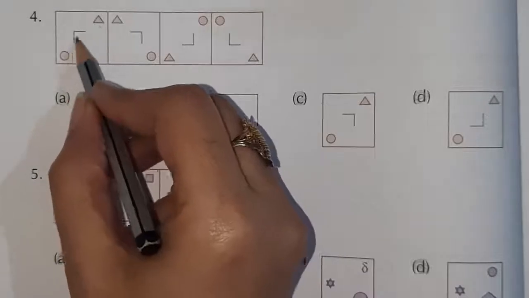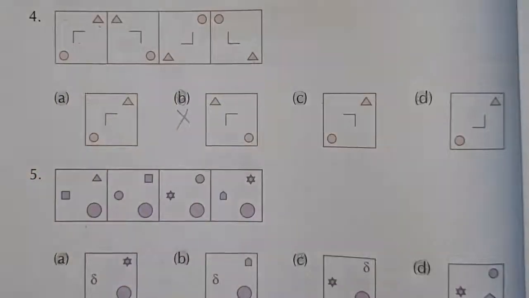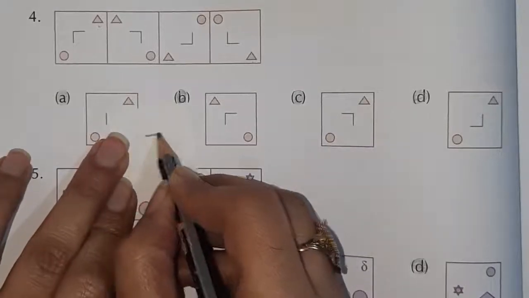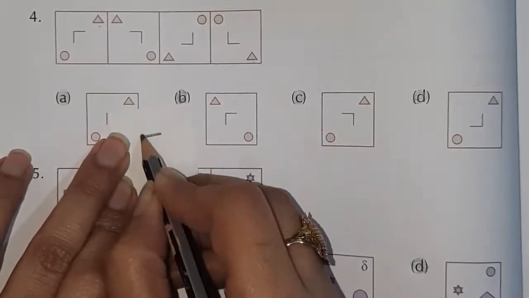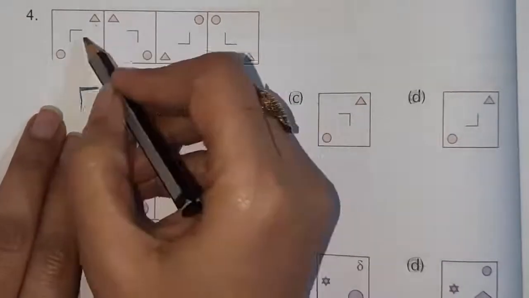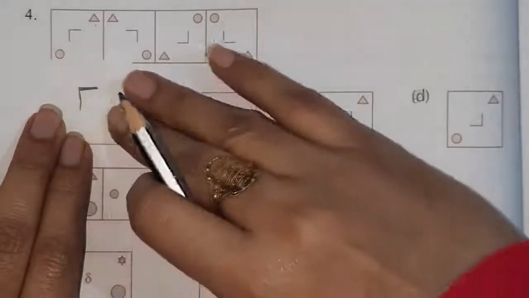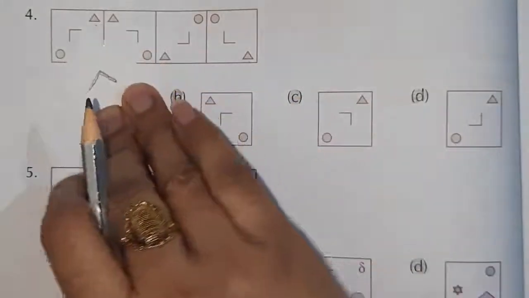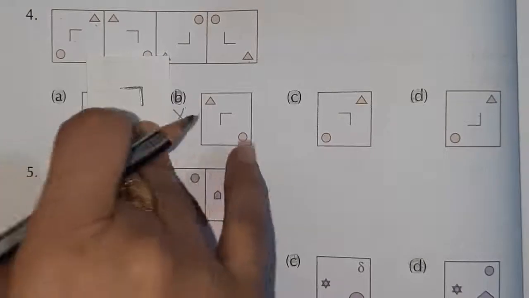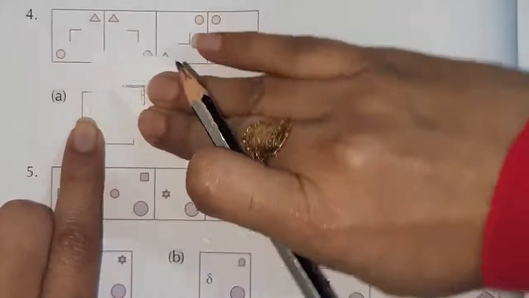Now let's see this figure. It is very important to observe. The rotation of this figure I am going to explain to you. See, the figure which is given in between, it is rotated. You are getting the second figure. Now again rotate it.